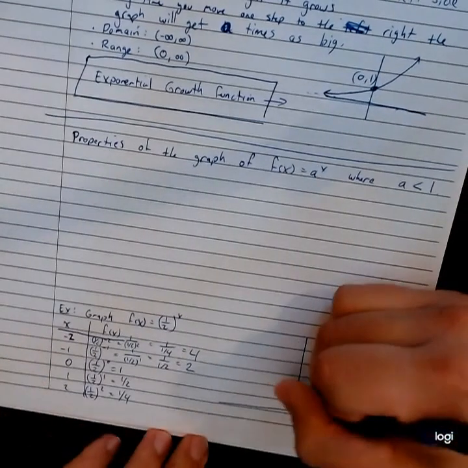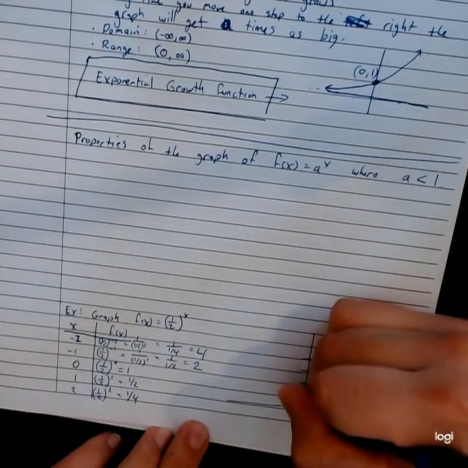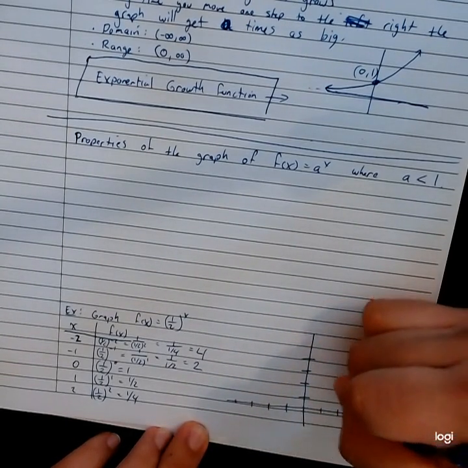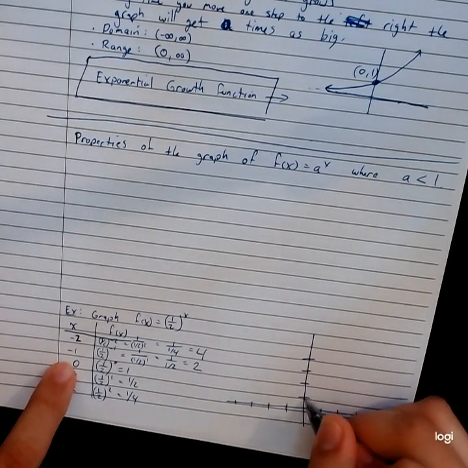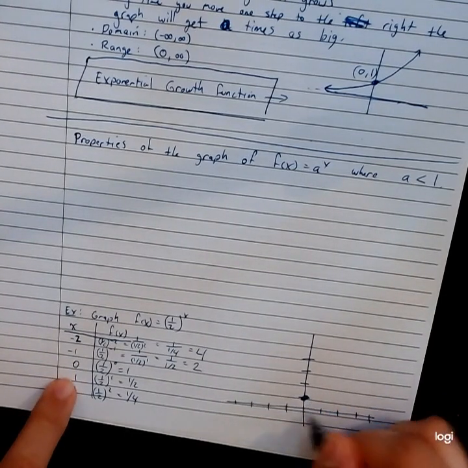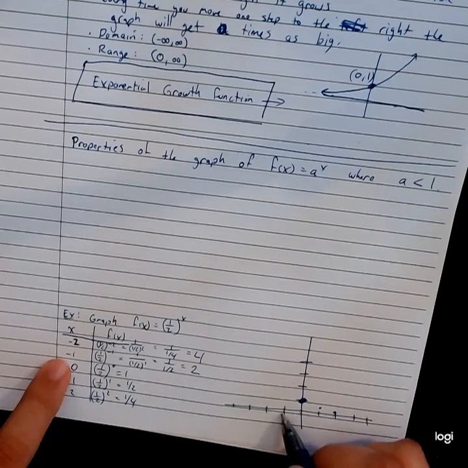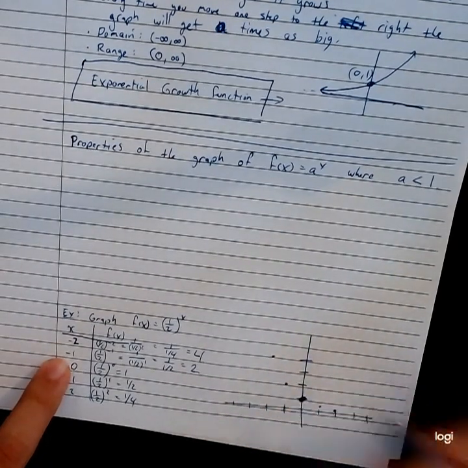Let's graph this, marking 1, 2, 3, 4 on each axis. At 0, I get 1. At 1, I get 1/2. At 2, I get 1/4. In the other direction, at -1, I get 2, and at -2, I get 4.